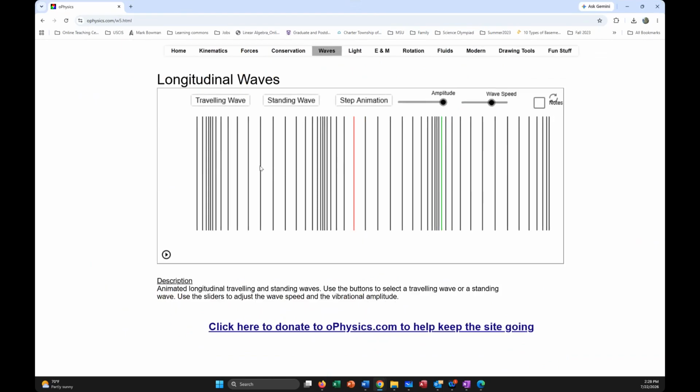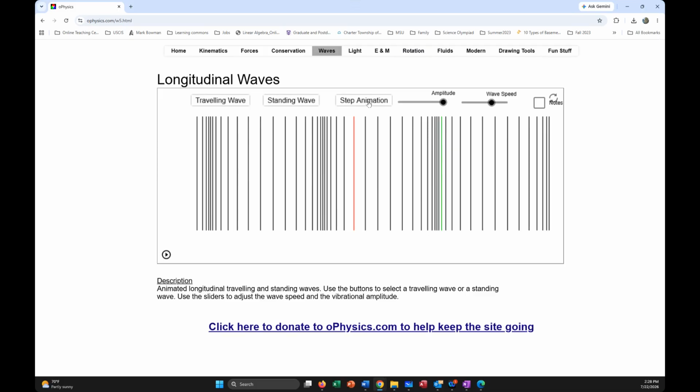Let's say you keep changing the pressure of the air molecules. Here compression is happening, where there is more pressure and the air is dense and compressed. Here you have low pressure. From compression to compression is one wavelength.